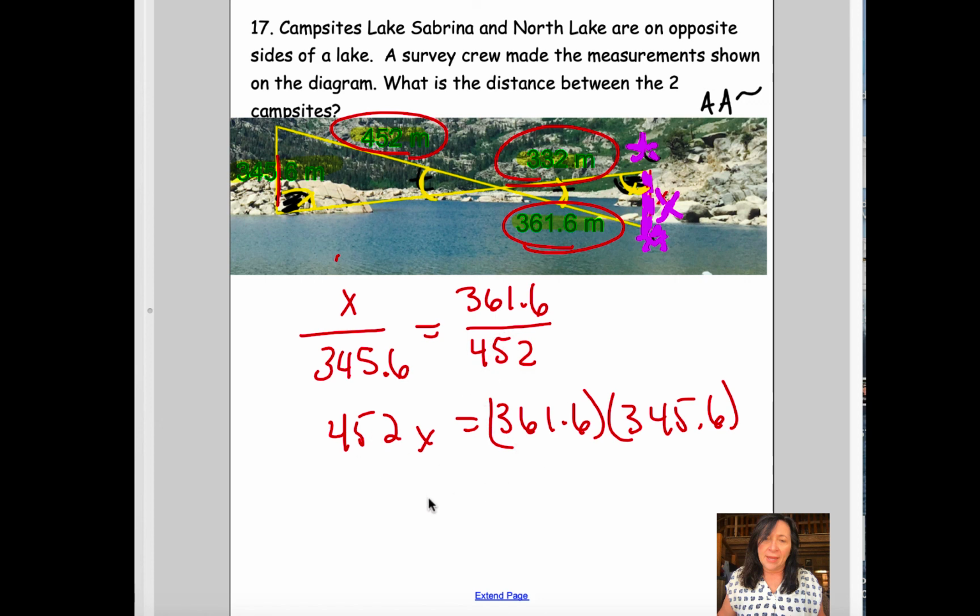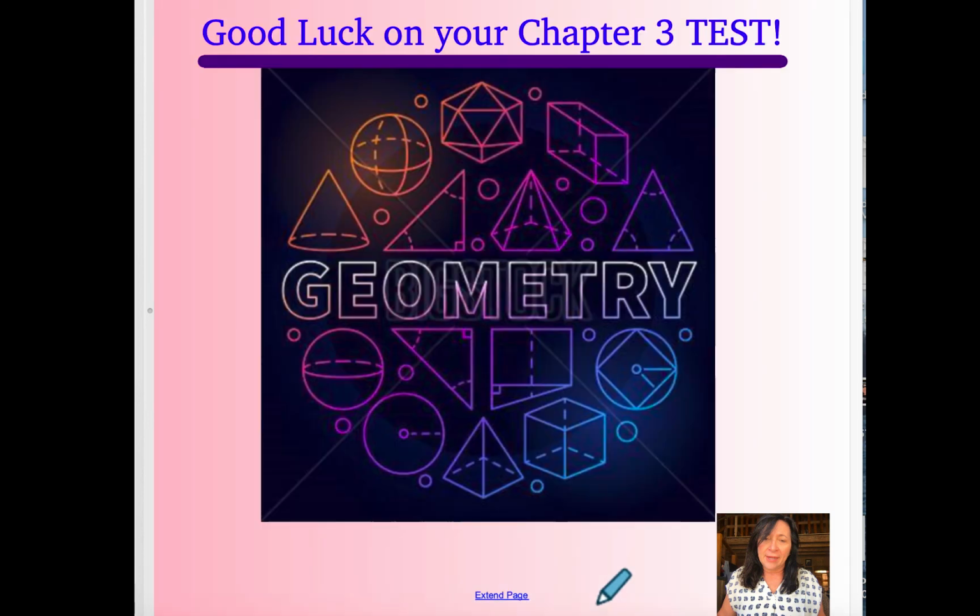Take that number and divide it by 452, and I get x is equal to 276.48 meters. And that's how far the two campgrounds are apart. This is one campground, this is one campground. That's how far the two campgrounds are apart.